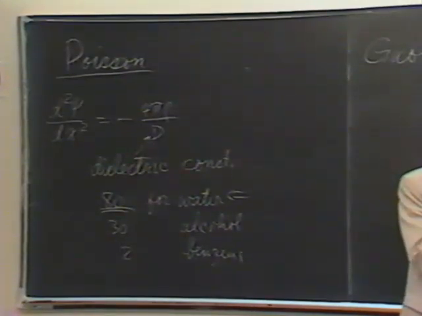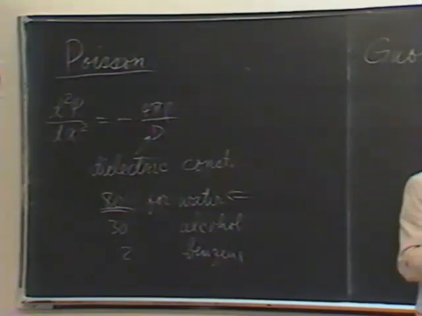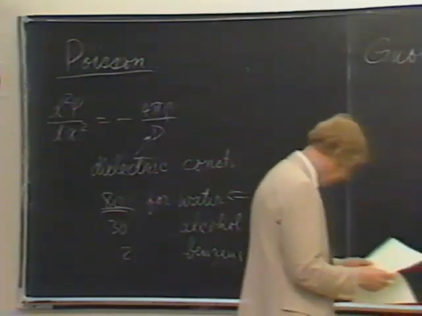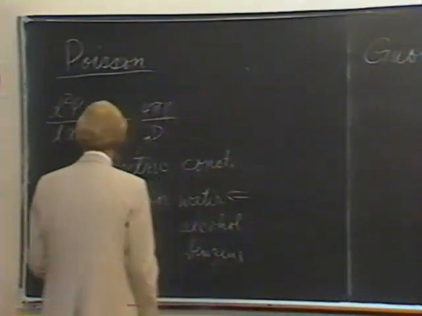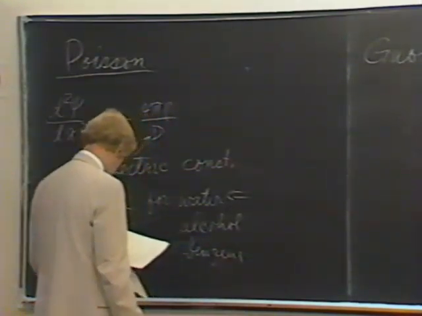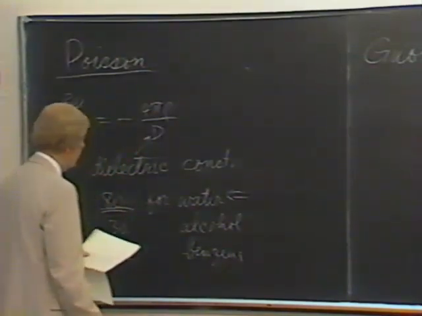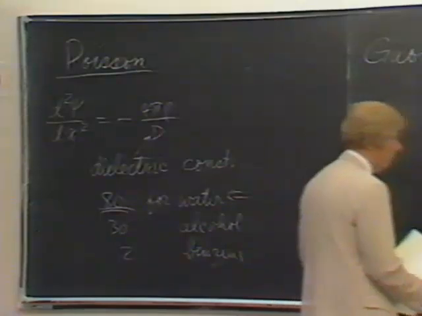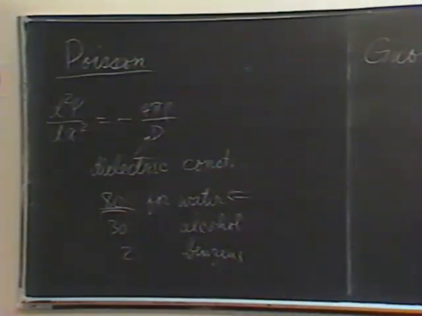Now let's see, I can illustrate that, I think, by pointing out that the force between 2 point charges is equal to the charge on one, Q1 times Q2, divided by R squared, the distance between them, times the dielectric constant.